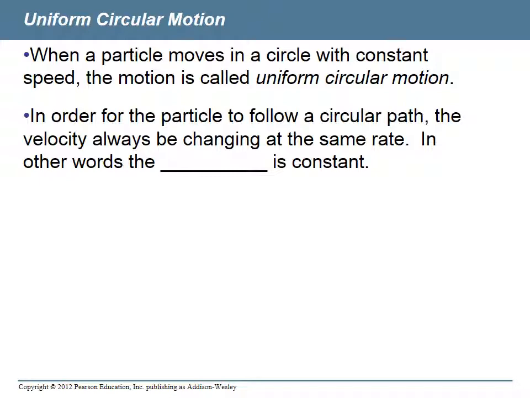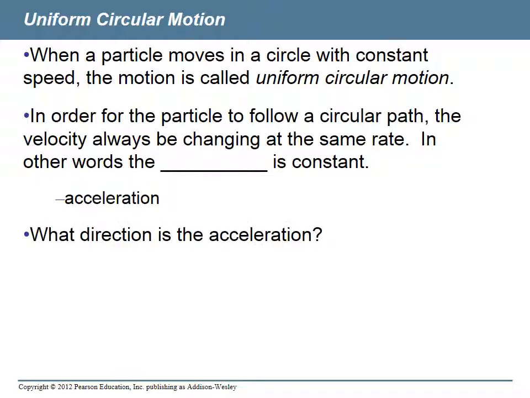Or in other words, what is constant? If the velocity is always changing at the same rate, and a change in velocity is acceleration, right? So the acceleration is always at the same rate, so we say the acceleration is constant. Okay, so in order for the particle to follow a circular path, the acceleration is constant.